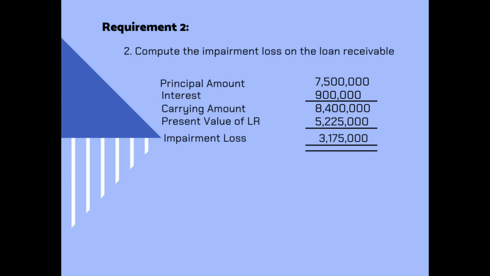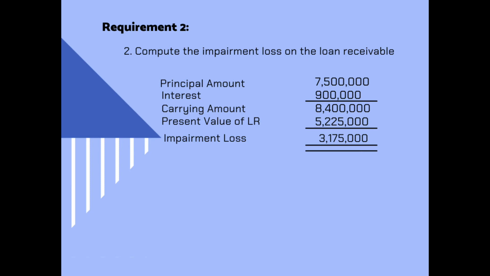Now, for requirement number 2, compute the impairment loss on the loan receivable. First, we must add the principal amount of 7,500,000 to the interest of 900,000, resulting in a carrying amount of 8,400,000.